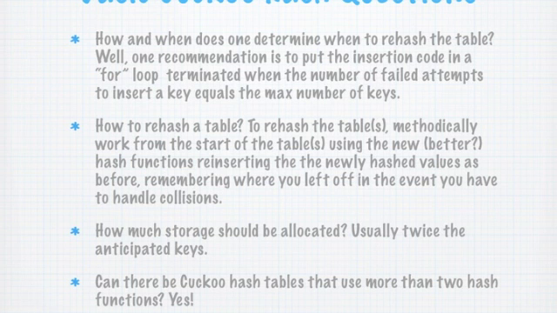Can you make a Cuckoo hash table that has more than 2 hash functions? Yes, you can. You can use 3, 4, and again, there's a lot of science behind this that you can really get involved with. But the idea of keeping it at a minimum makes your lookup time faster when you have to retrieve a key from the table.